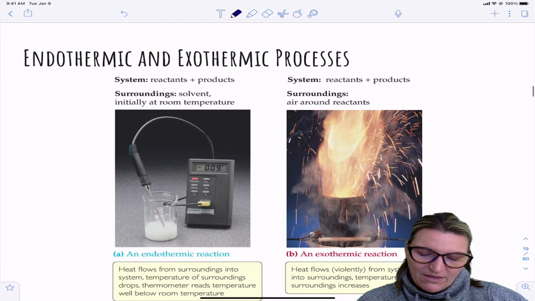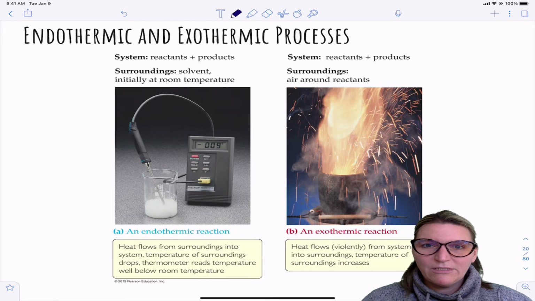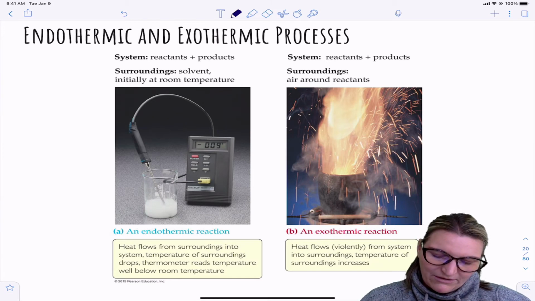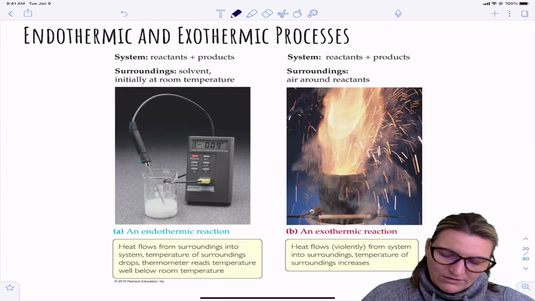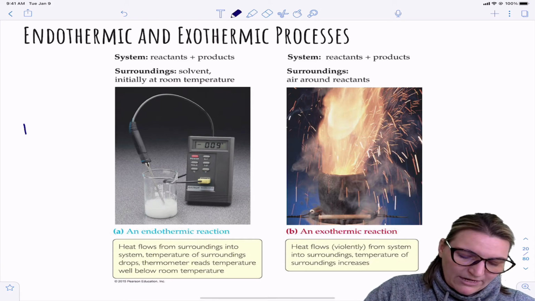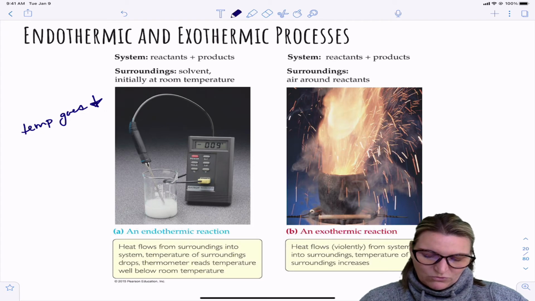Okay, we can then apply the terms endothermic and exothermic to these systems, which we've been doing for a few years in science, right? If I look at this scenario right here, I notice that the temperature goes down. If the temperature goes down, then what has happened, this can be really tricky.